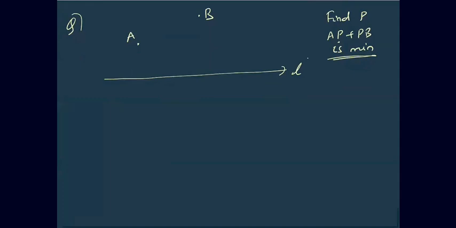So you need to find out the point P such that AP plus PB is minimum. Okay, so let us just discuss this problem.